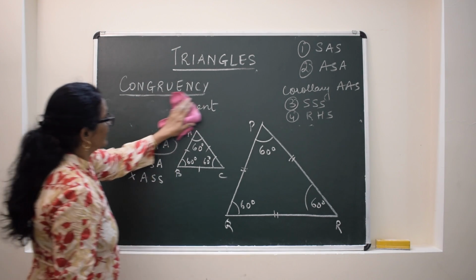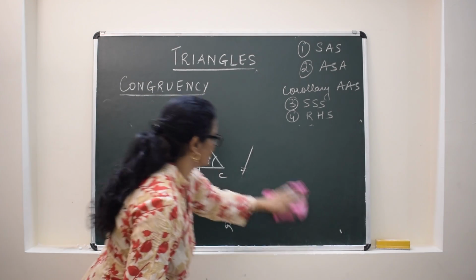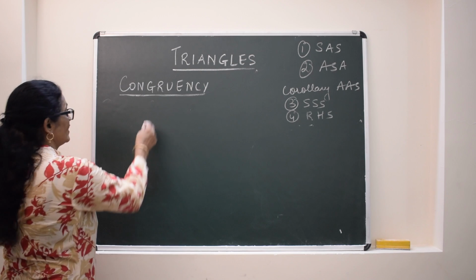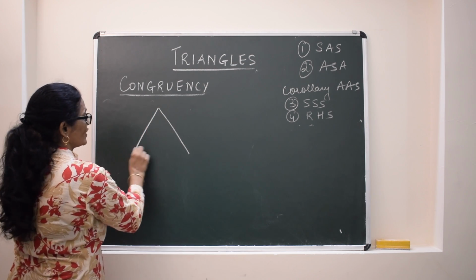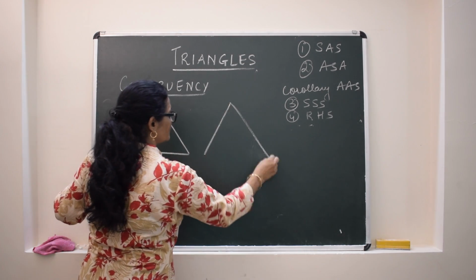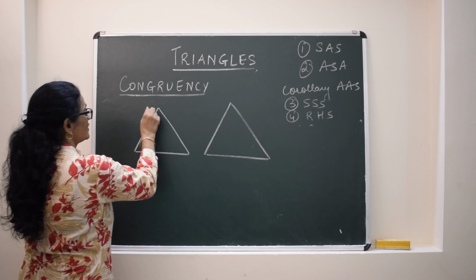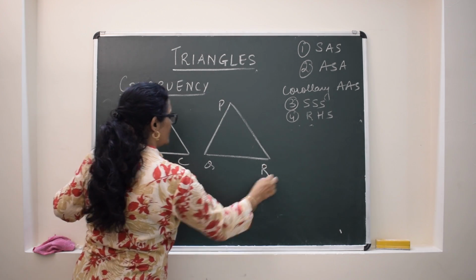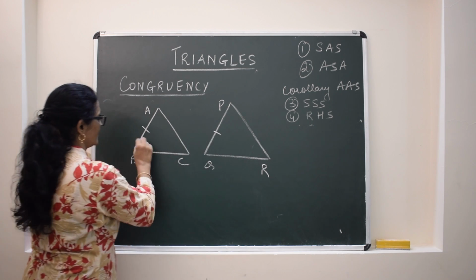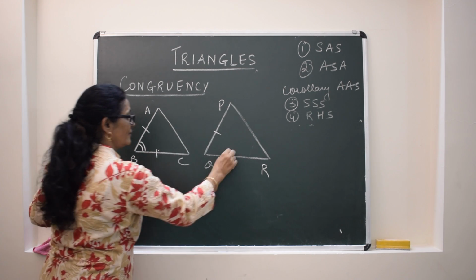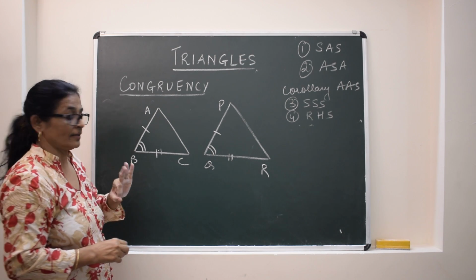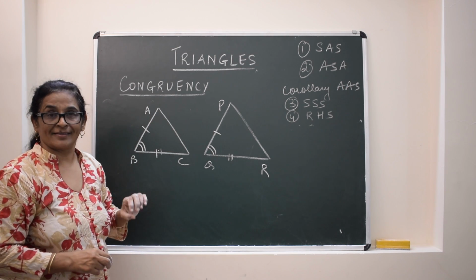Now, when the triangles are congruent, then what? If I say that these 2 triangles are congruent by S, A and S. Okay. How many elements I have taken? 3. What about other 3 elements?